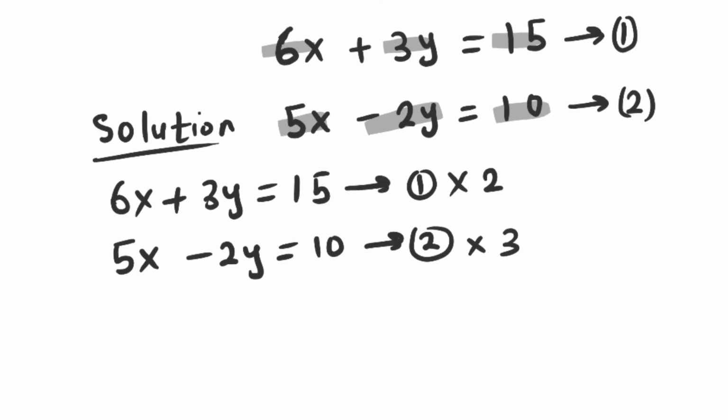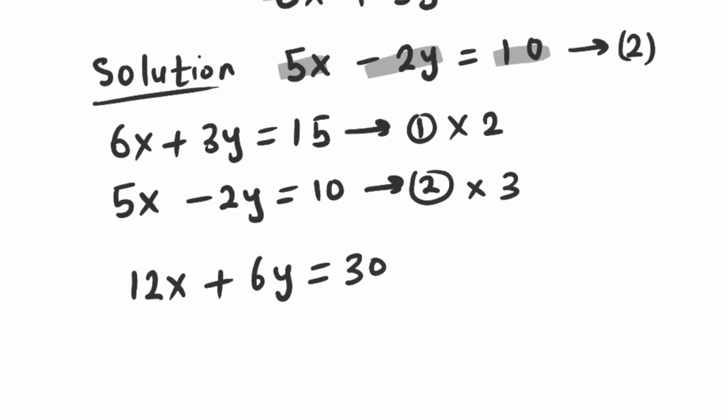Now, if you multiply equation 1 by 2, 6x multiplied by 2 is 12x, plus 3y multiplied by 2, that is 6y, is equal to 15 times 2, that is 30.